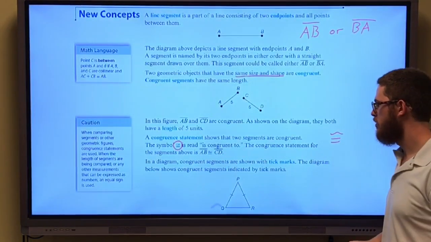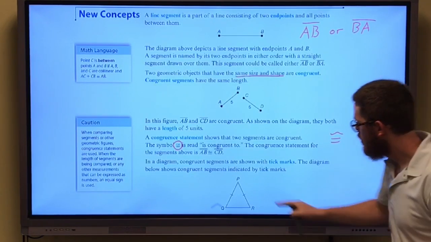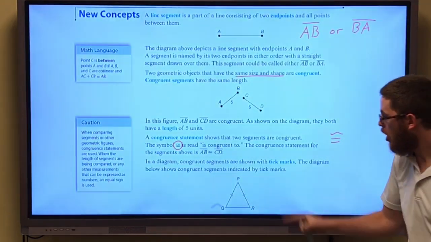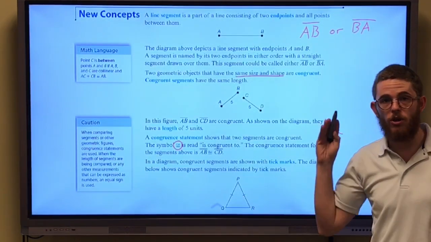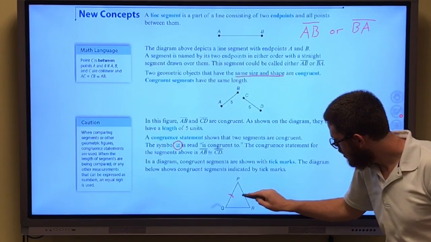In a diagram, congruent segments are shown with tick marks. The diagram below shows congruent segments indicated by tick marks. So check this out. If we want to mark on a diagram that two segments are congruent, well, we use tick marks.